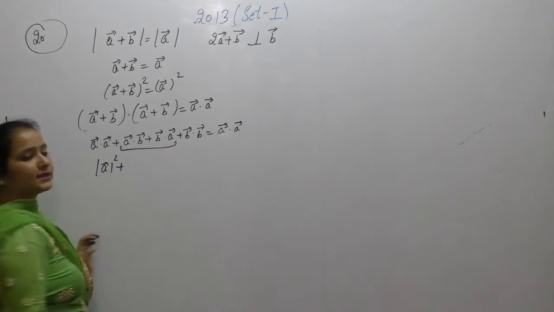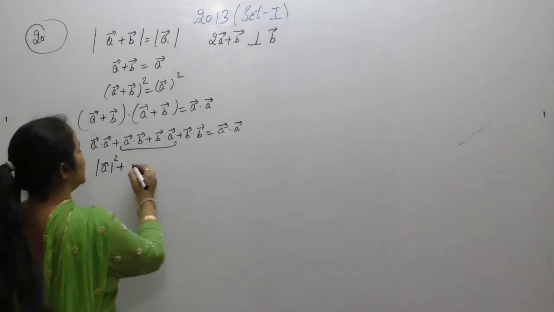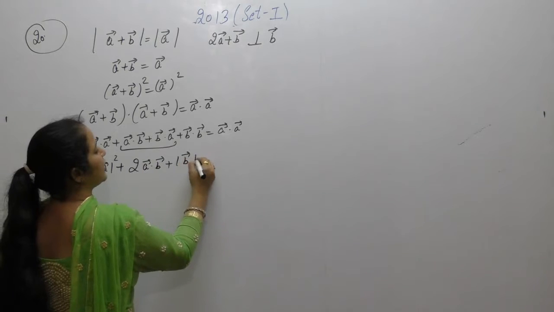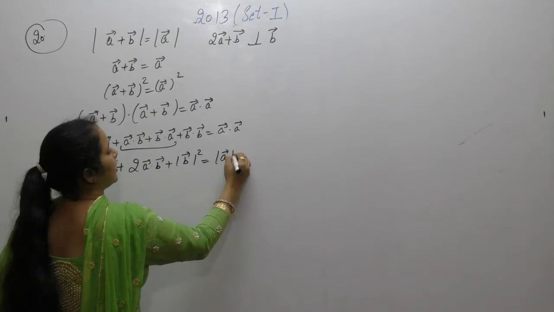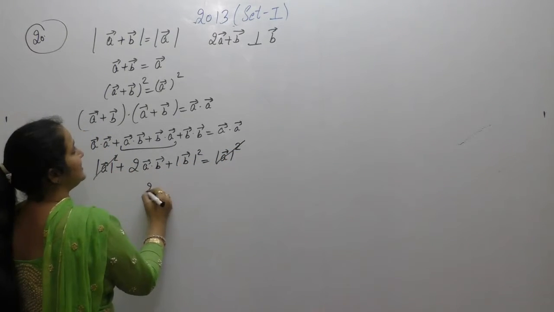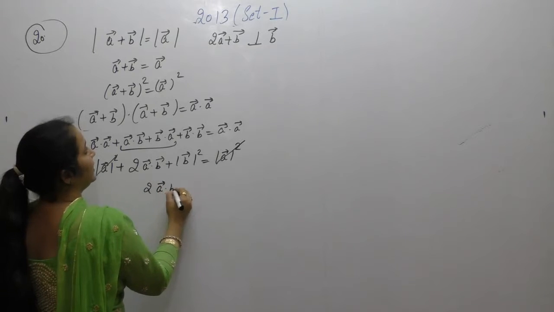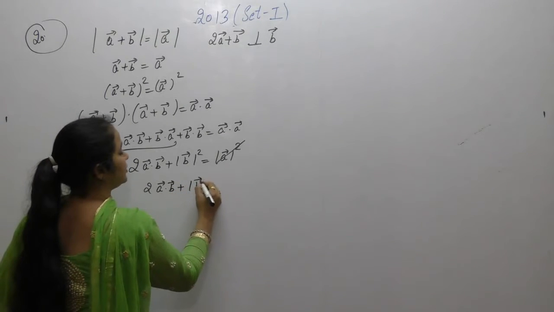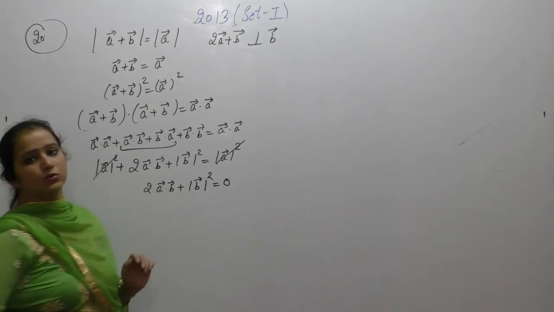In dot product, A dot B and B dot A are equal, so we can write it as 2A dot B. This is magnitude of B square; magnitude of A square will get cancelled. So 2A vector dot B vector plus magnitude of B square is equal to 0.